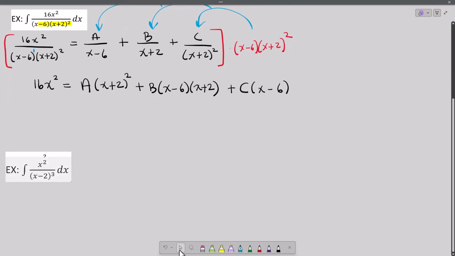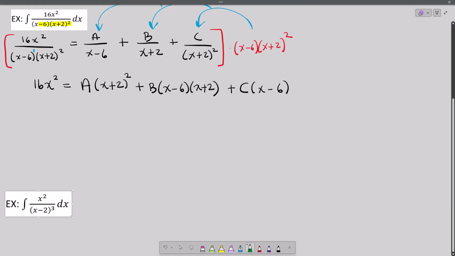If we do convenient value method, what would be an obvious convenient value? 6, and that should be an x right there. So if we do x equals 6, plug in 6 on the left, you get 36 times 16, which off the top of my head I don't know, so I'll just write it here. On the right, when we plug in 6, gone and gone, right? 0 and 0.